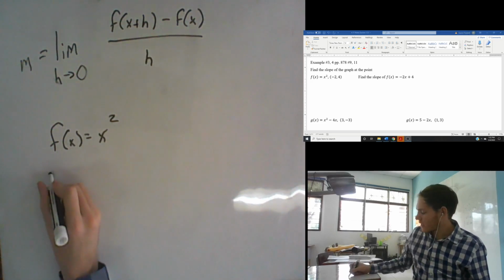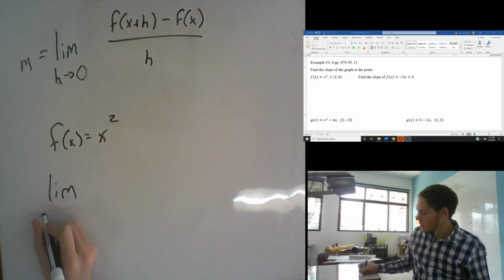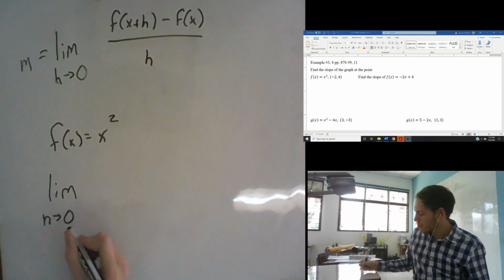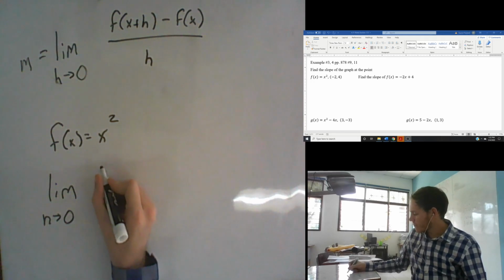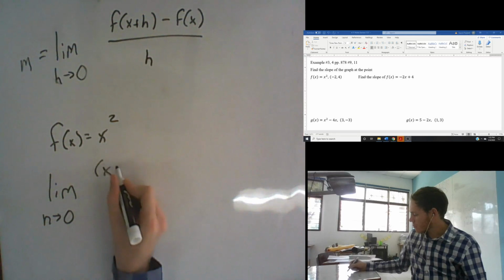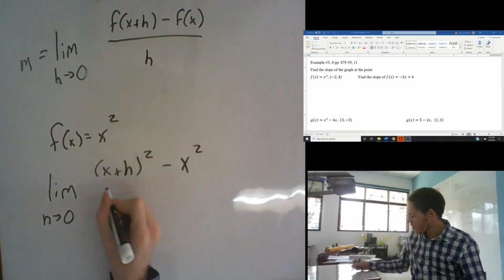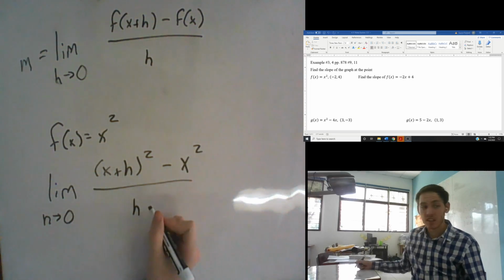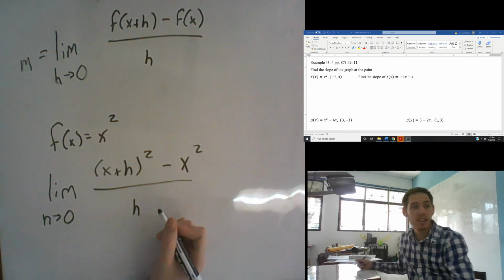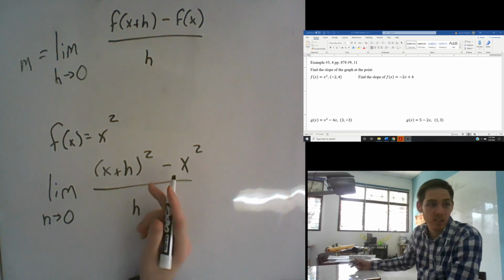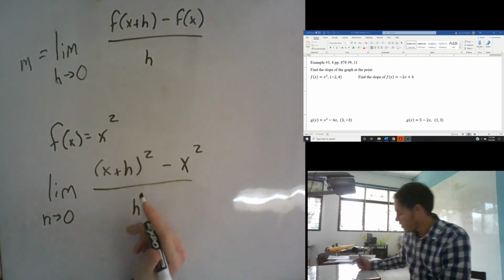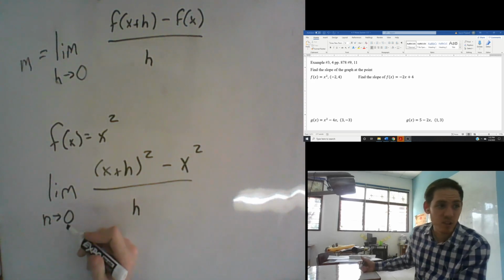So what we're going to get is the limit. You always need to write the limit until you solve it. You're going to get x plus h squared minus x squared over h. So let's solve this out. That's the first thing. Now we're not going to plug in the 0 yet.